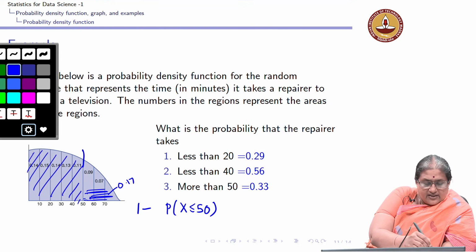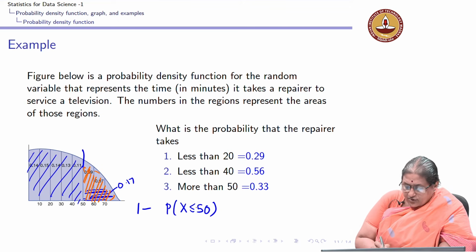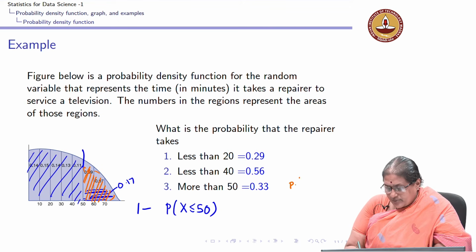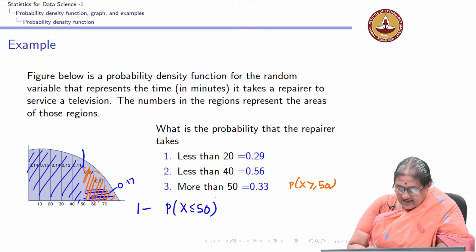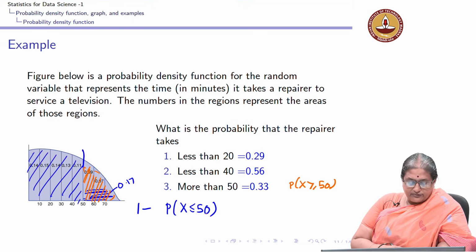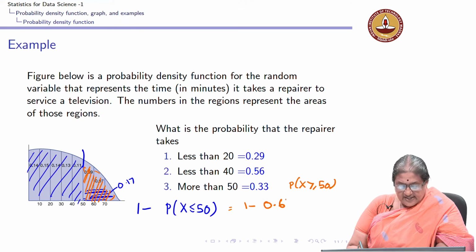So, the orange shaded region is what I have to find out, that is probability x is greater than or equal to 50, and I know the orange shaded region is nothing but 1 minus probability x is less than or equal to 50, which is 1 minus 0.67, which is going to be 0.33.